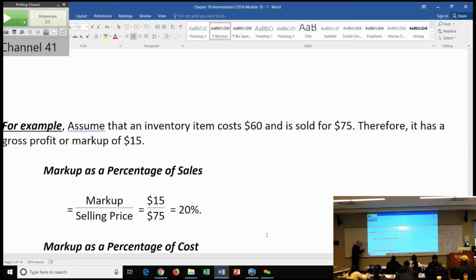So this number is the COGS percentage, and this is not a markup on cost. This is the gross profit margin, but this is the markup on selling price. It is the markup on selling price. So the markup on selling price is the 15 divided by the 75 that you see here.